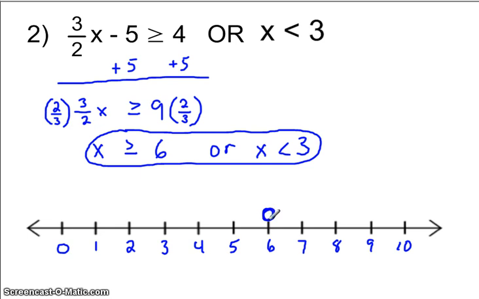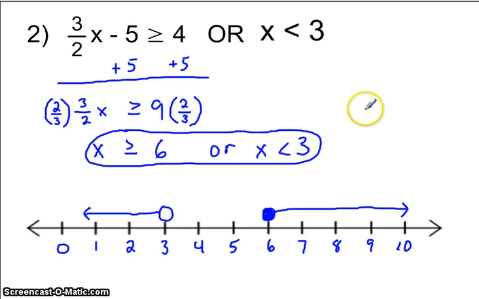That's going to be a closed circle. Greater than, telling me I'm going right. X is less than 3. It's going to be an open circle going this way. And there you go. Another example where the arrows are pointing away from each other, most common case.